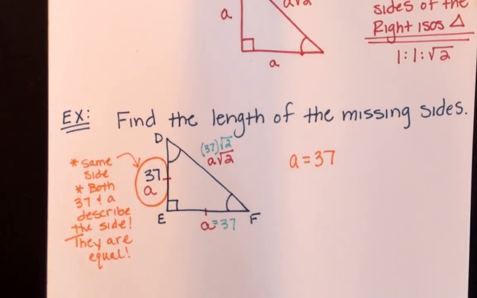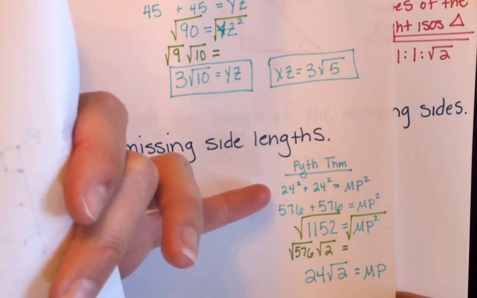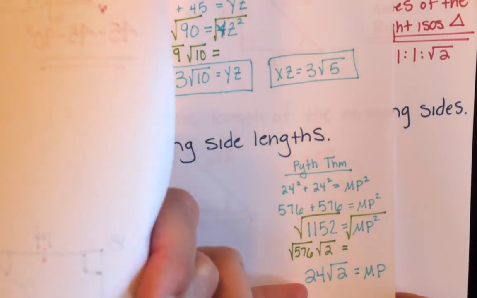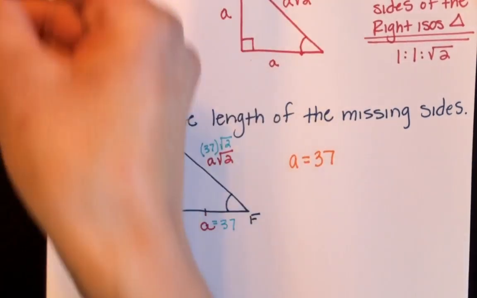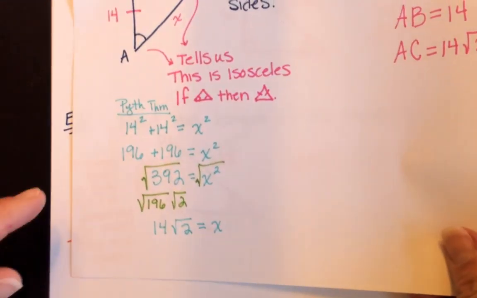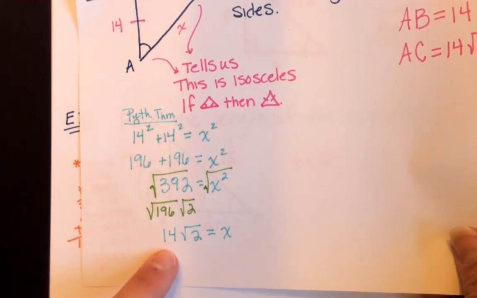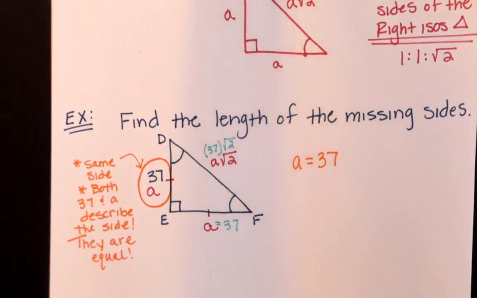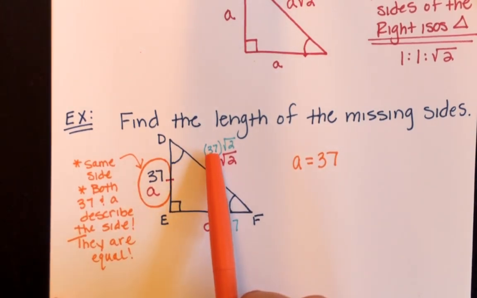And what we find out is that pattern that we saw before, which was 24, 24, and 24 radical 2 with our Pythagorean theorem. And over here, 14, 14, and 14 radical 2 showed up. We have the exact same pattern here. 37, 37, and 37 radical 2 showed up here.